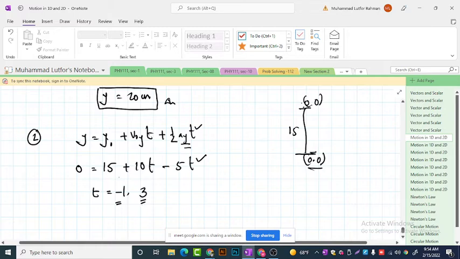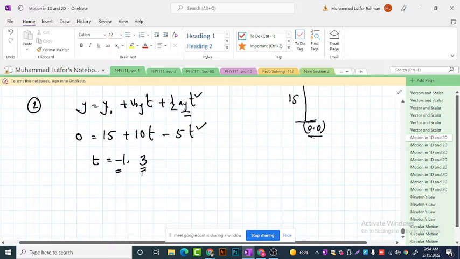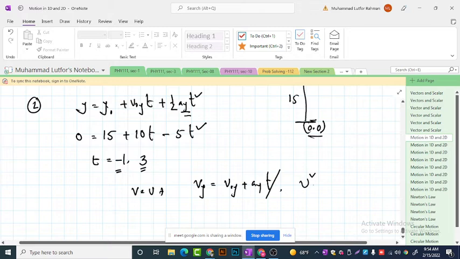And what velocity? You can find that one. You can write either the equation v equal to u plus at, or I should write v_y equal to v_0y plus a_y t, or you can use the other equation, v_y square equals v_0y square minus 2a_y, or plus, I should write plus because that would depend on the sign.